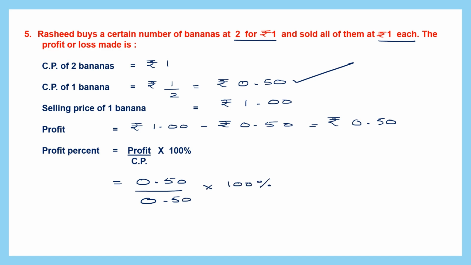Here we can cancel. As you can see, this and this are the same. So you can cancel it. So what is left is 100%. So what is the profit that has been made? The profit is 100%. And that is option 1, 100% profit.